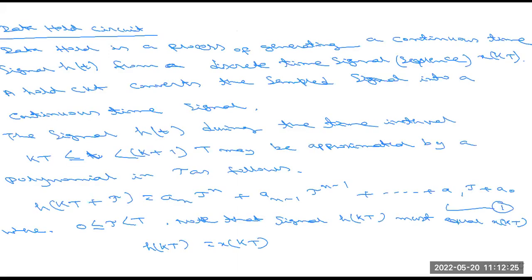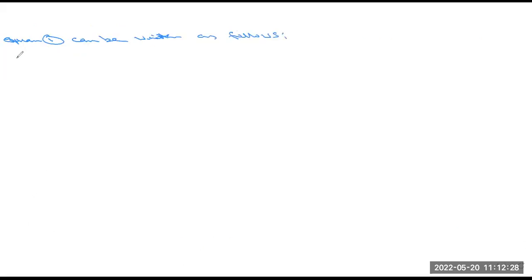We write these equations as h(kT + tau) = a_n tau^n + a_(n-1) tau^(n-1) + ... + a_1 tau + x(kT), for different values of k.